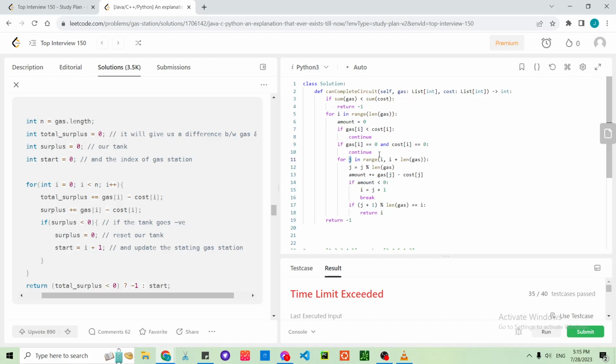I wonder why this is not working though. So I is the start, and J goes from I and loops around.